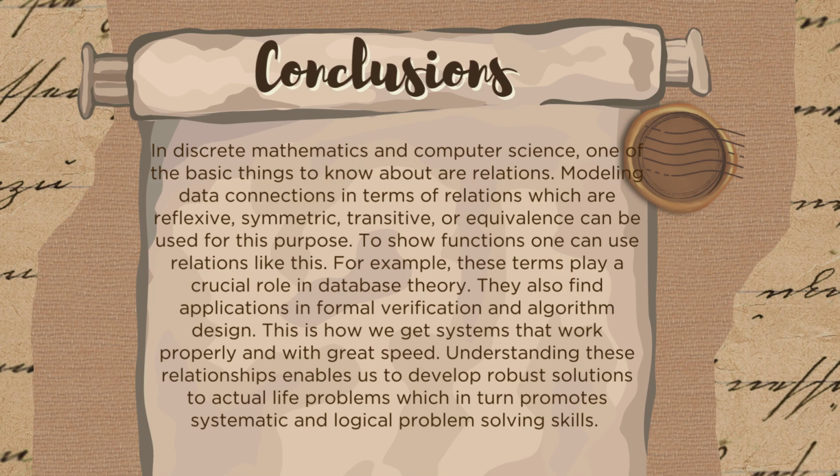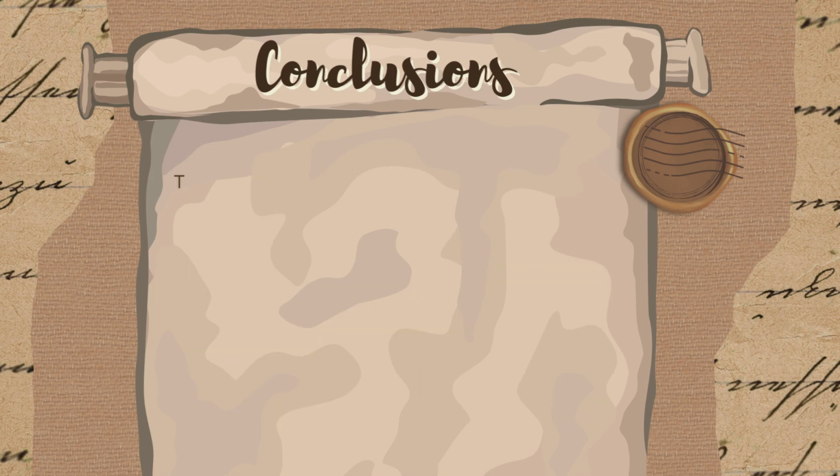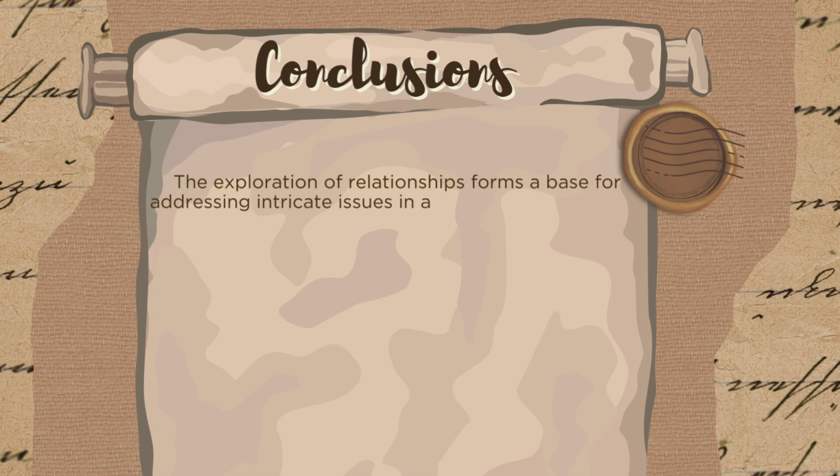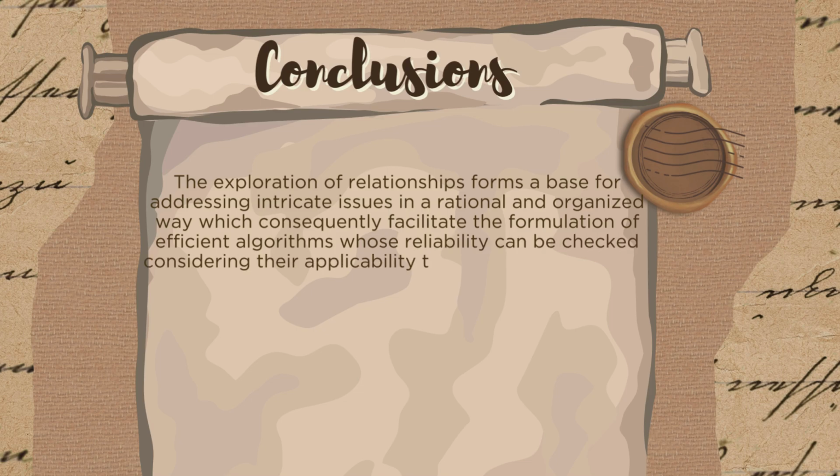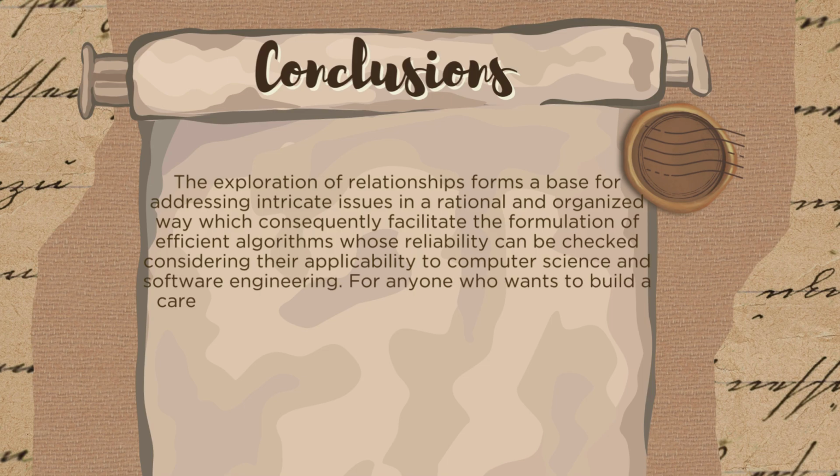Understanding these relationships enables us to develop robust solutions to real-life problems, which in turn promote systematic and logical problem-solving skills. The exploration of relationships forms a base for addressing intricate issues in a rational and organized way, which consequently facilitates the formulation of efficient algorithms whose reliability can be checked, considering their applicability to computer science and software engineering.